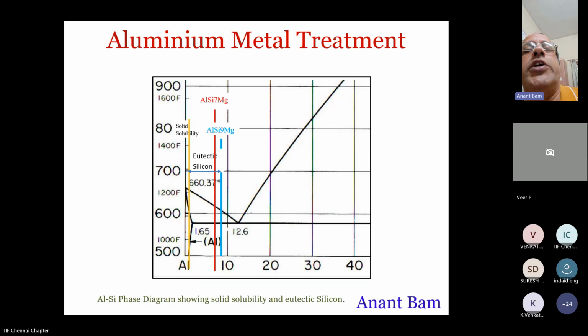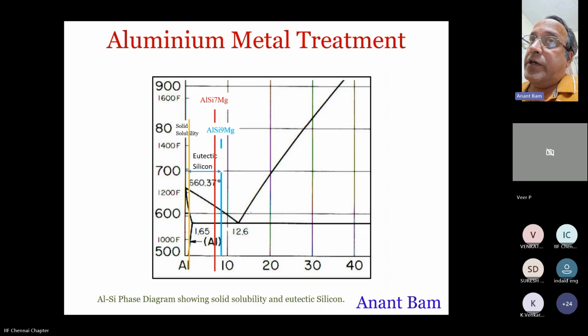It will be in a mushy structure, a slush-like thing, wherein you find ice and water together in fine grains. So in that slush, there is 50% alpha, 50% beta. Now, alpha already contains 1.65% of silicon.